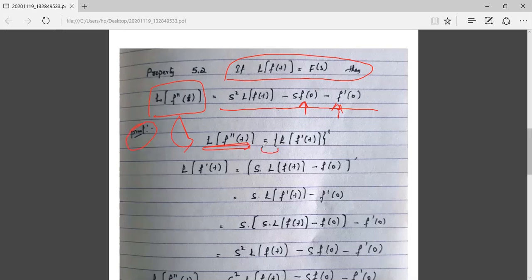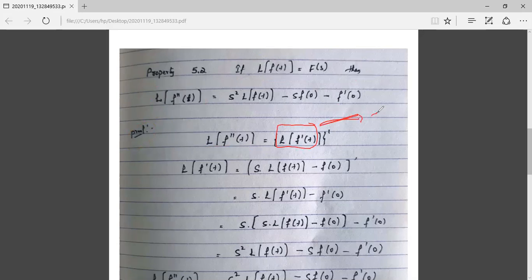This function we will write as the Laplace transformation of the first derivative inside the derivative. We just solved property 5.1: the Laplace transformation of f dash of t is equal to s times the Laplace transformation of f of t minus f of 0.